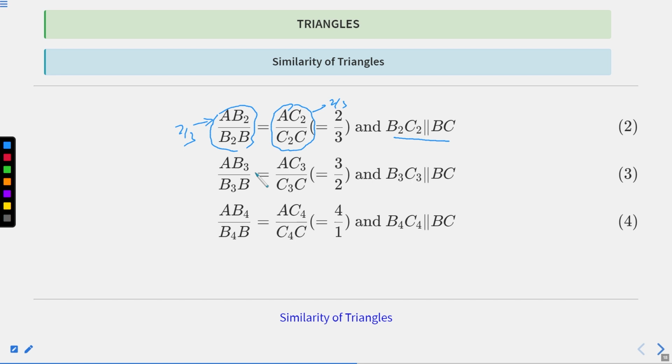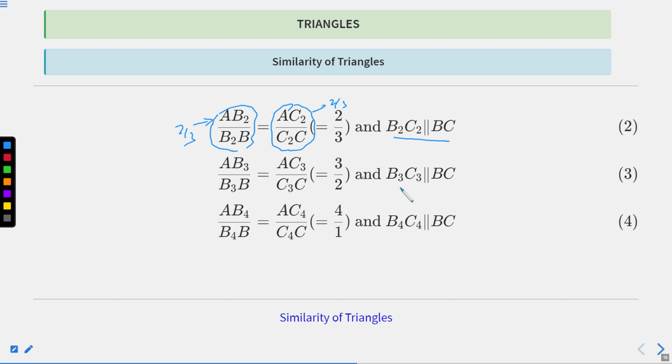AB3 divided by B3B is equal to AC3 divided by C3C, since both are equal to 3 by 2, and the line B3C3 is parallel to BC.